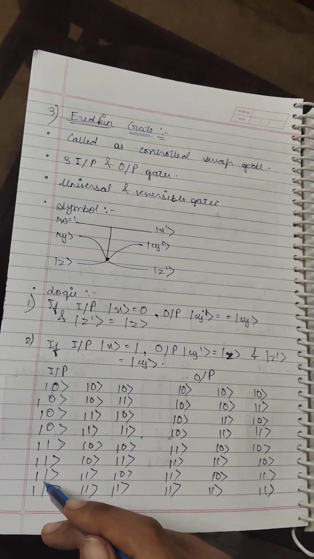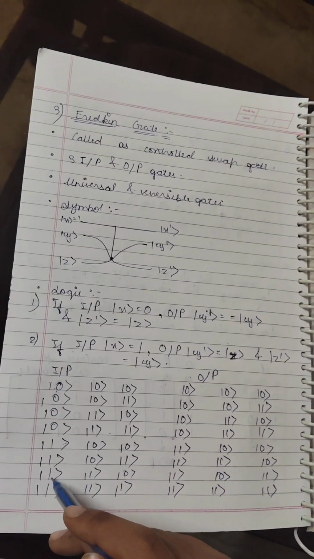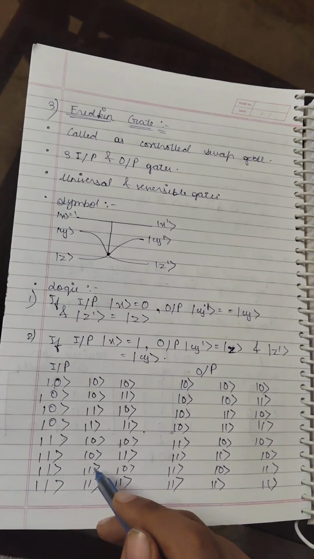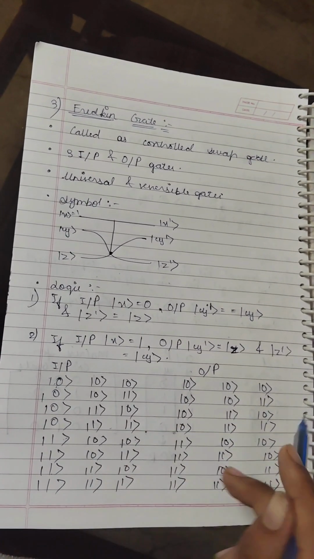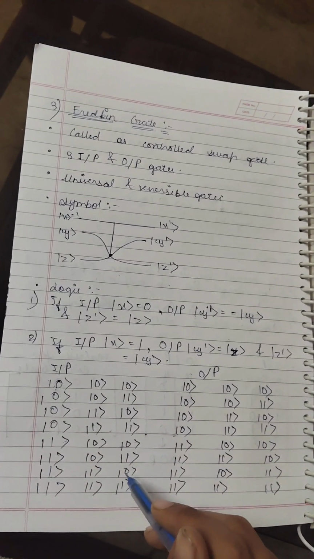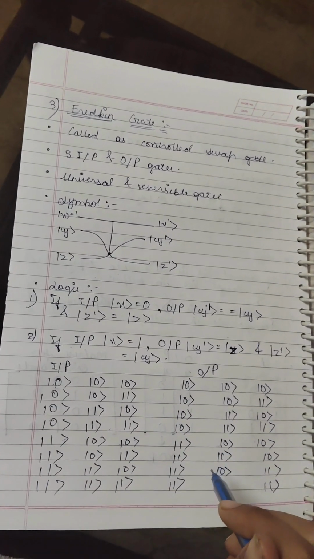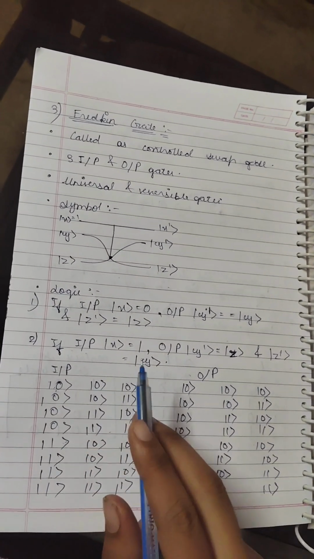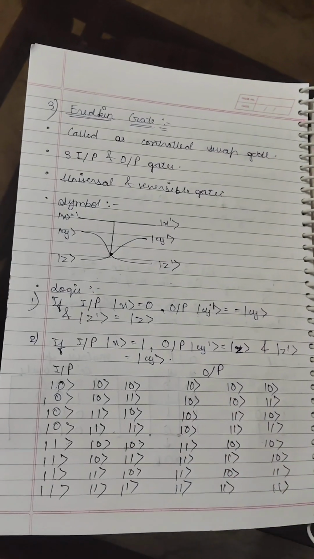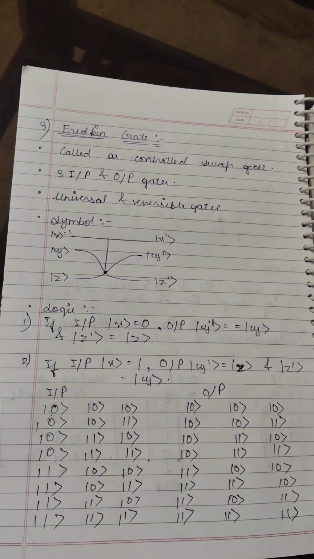And then another example: when it is 1 we need to swap, and the value of y goes to z', and the value of z goes to y'. In this way the swapping happens in our Fredkin gate. So this was all about the Fredkin gate.